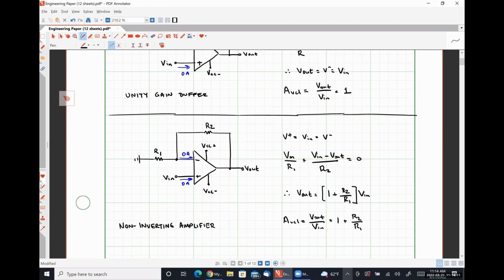It is impossible for us to get a voltage gain that is less than 1 in this circuit. So if R1 is much, much larger than R2, our gain approaches its minimum value of 1. In practice, though, we will see that the voltage gain will always be greater than 1.